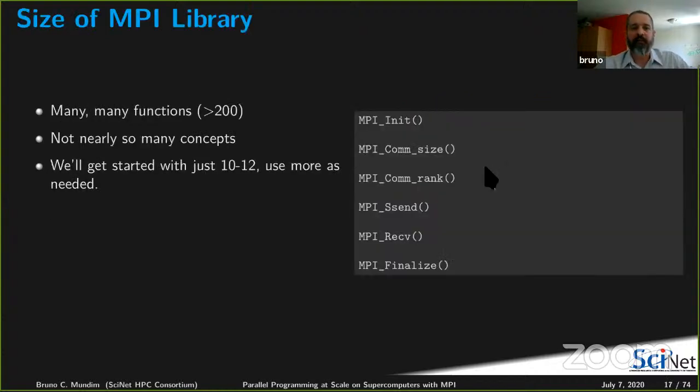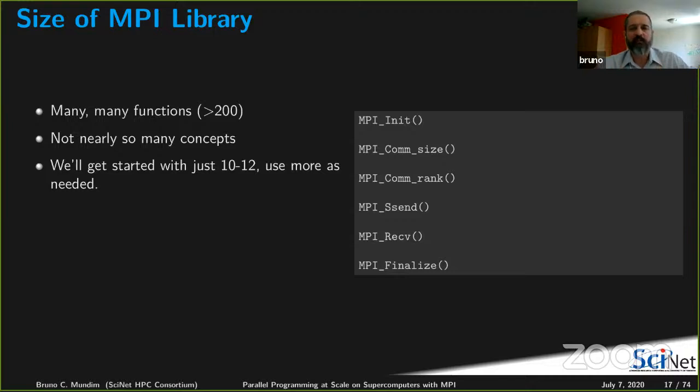The size of the library is quite big nowadays, more than 200, maybe 1,000 functions, right? But we don't have too many concepts to deal with. So at the end of the day, we just have like 10 to 12 functions that we work with most of the time. The reason that we have so many is because we have different kinds of features or applications or different ways to communicate.